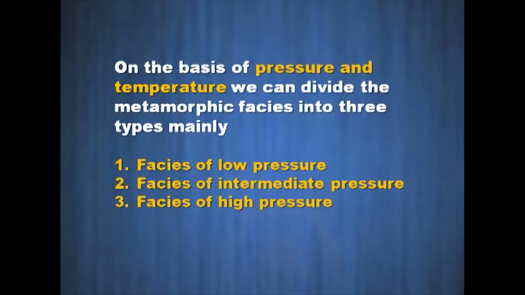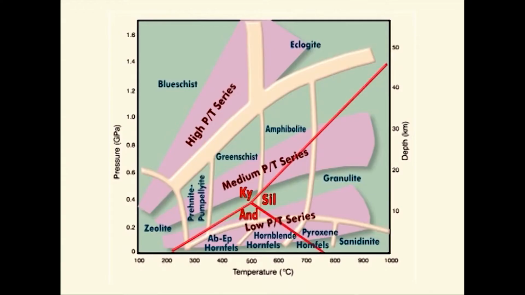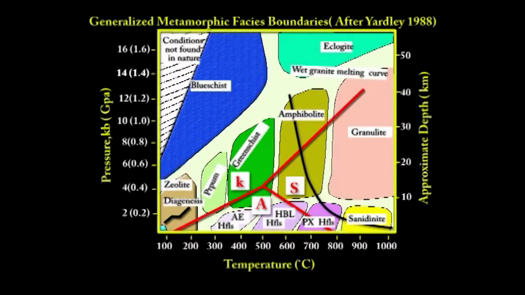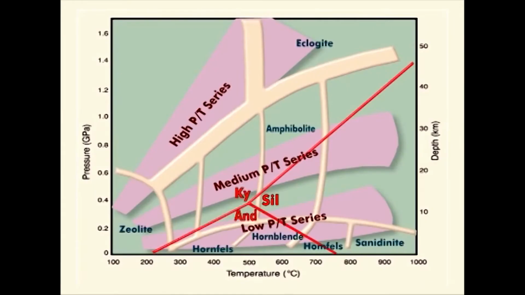Introduction. On the basis of pressure and temperature, we can divide the metamorphic phases into three types: phases of low pressure, phases of intermediate pressure and phases of high pressure. Miyashiro originally recognized three different phases series. First, a zeolite, prehnite-pumpellyite, blueschist, eclogite type.